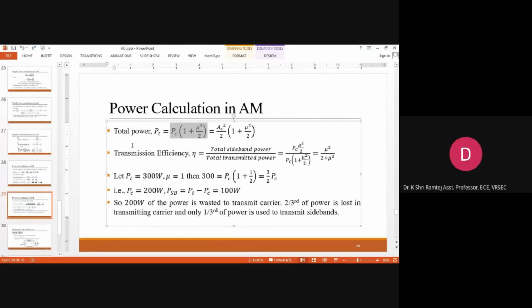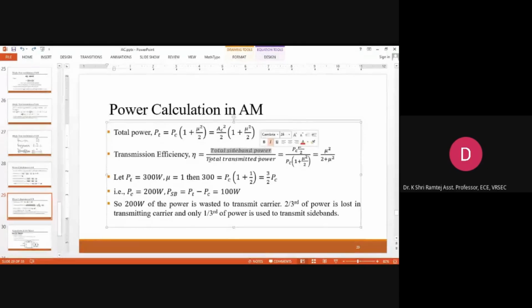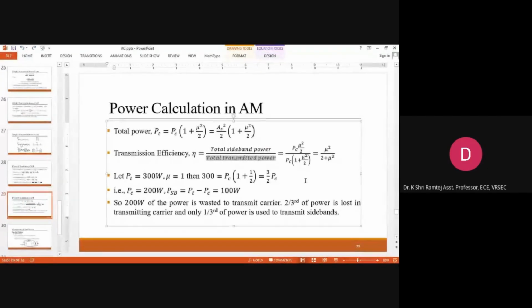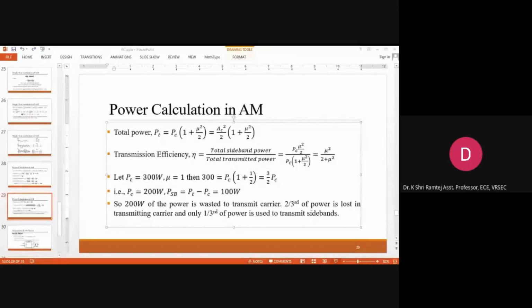So now there is one parameter called transmission efficiency. That is, how efficiently we are using the transmitted power. It is defined as total sideband power divided by total transmitted power. The total sideband power is nothing but power of lower sideband plus power of upper sideband, so it will be equal to PC mu squared by 4 plus PC mu squared by 4, which is 2 times PC mu squared by 4.